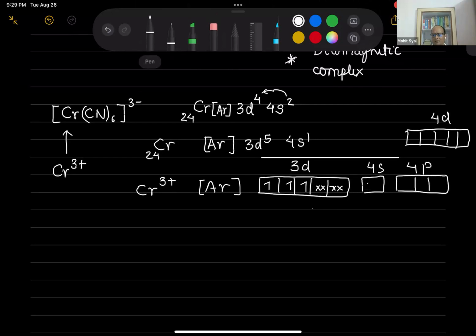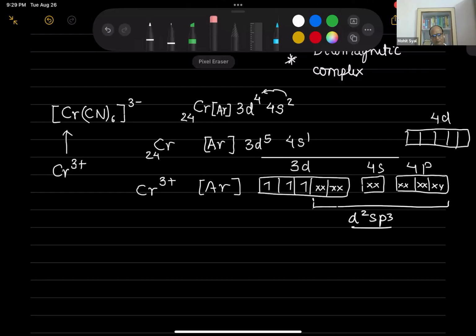So you already have two empty d orbitals, and it is going to be d2sp3 hybridized. Right? Even with strong field ligands, you have not paired them up, because the empty d orbitals were already available. So no need for pairing. Got it?